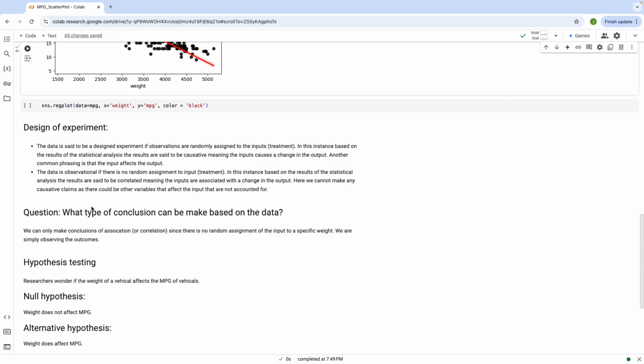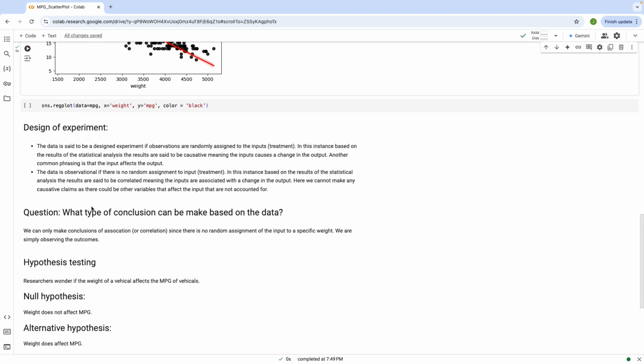If the data is observational, there's no attempt to assign the observations to inputs or treatments. And in this case, based on the results of the statistical analysis, our conclusions can only be said to be correlations or associations.